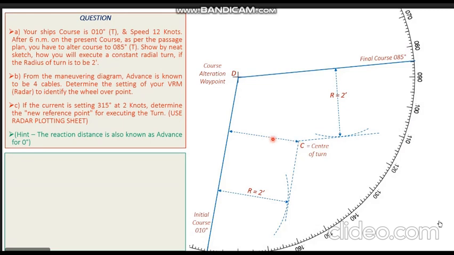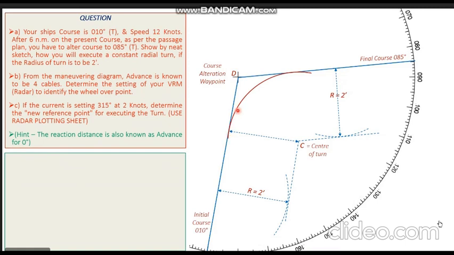So the distance between them remains constant, which is 2 nautical miles. So point Charlie to my initial course is 2 nautical miles. I open up my compass equal to 2 nautical miles, which is the radius of my turn, and I now draw an arc centered at point C, with a radius equal to 2 nautical miles.